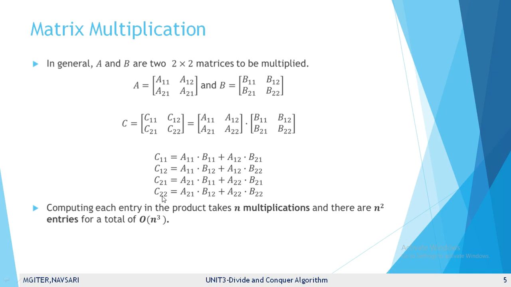For finding C22 we multiply A21 into B12 plus A22 into B22. So this formula is used for finding the resultant components C11, C12, C21 and C22, which takes big O of n cube time for execution.